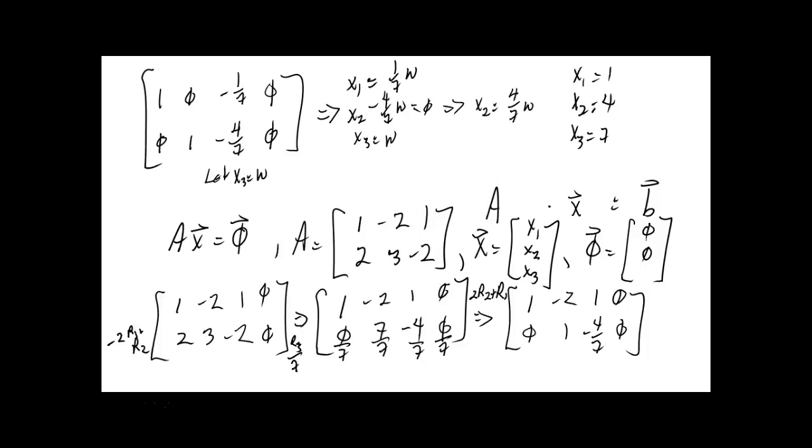That would be 14/7, which is 2, and then you would have negative 2 times 1. That would be 0. So they work.